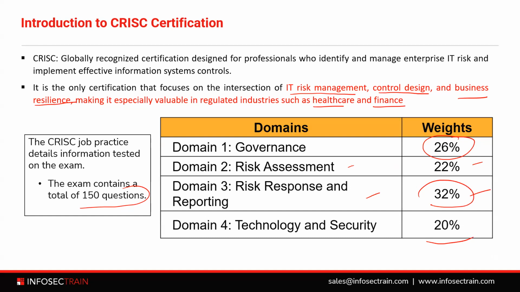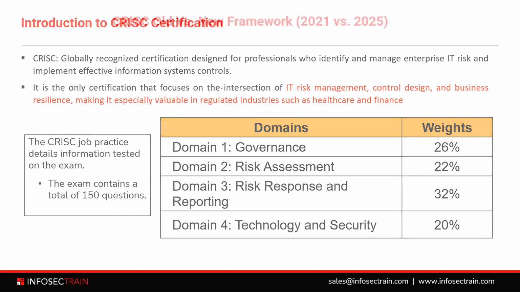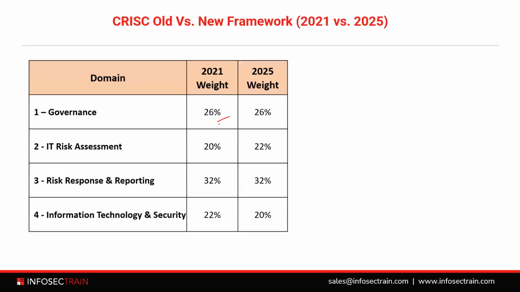Now, in the next slide, we are going to see SESSIC old versus new framework, that is 2021 versus 2025. What is the difference? If you see domain 1, in 2021 the weightage was 26%. No change in the new syllabus. The weightage remains the same.